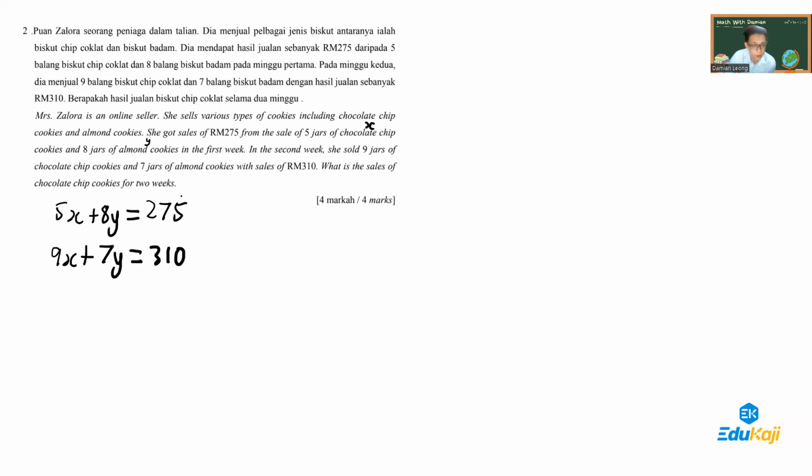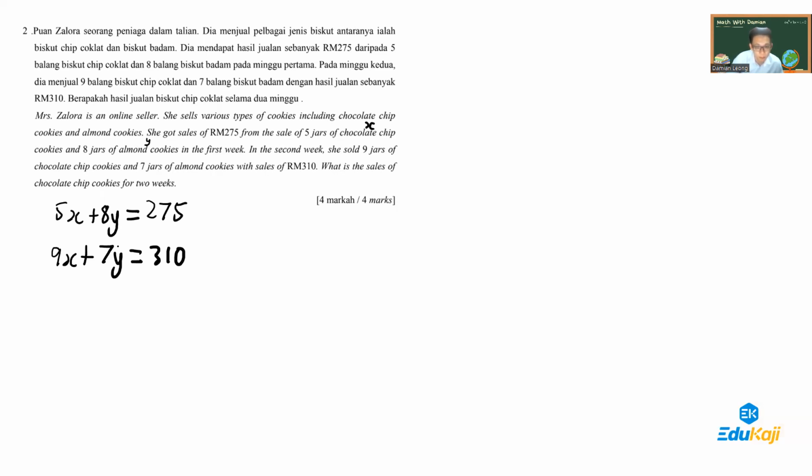So I need to solve using simultaneous equations. You can use substitution or elimination, it's up to you. But basically, what we want to find is the sales of chocolate chip cookie, which means the x value.